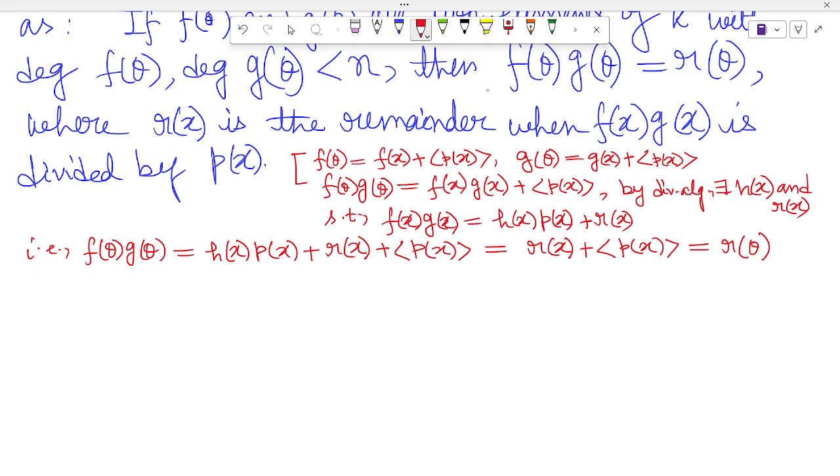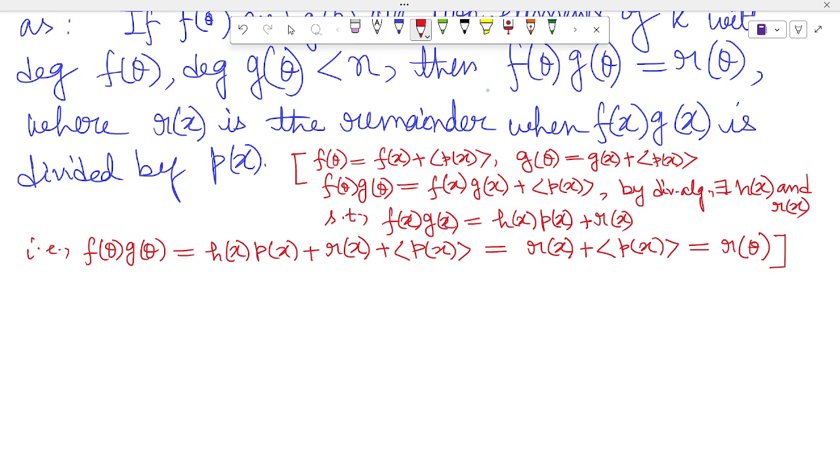You can look at it from this perspective also. Theta is x mod p(x). So r(x) means that thing. So r(x), you expand r(x) in terms of x, and with each monomial you attach plus the ideal of p(x).